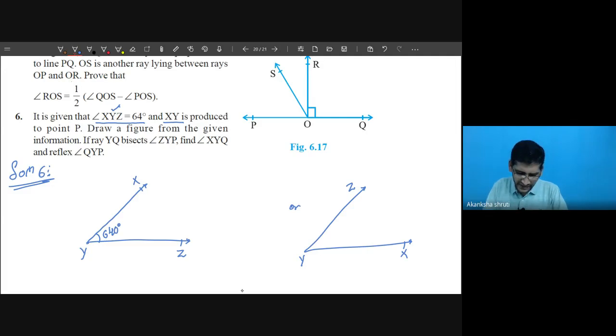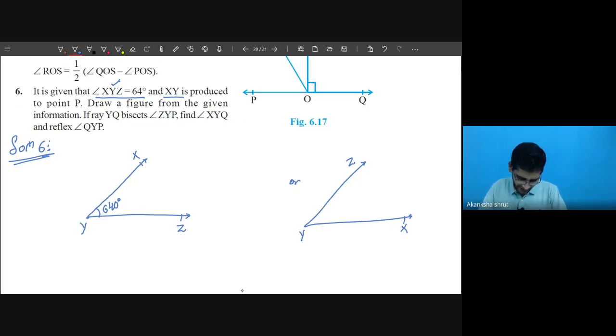And XY is produced to P. So see, this is our XY. It may be produced in which direction? In this backward direction, or even in this forward direction. So this was the XY that I have produced to some point P. Where is P? That we have to observe.